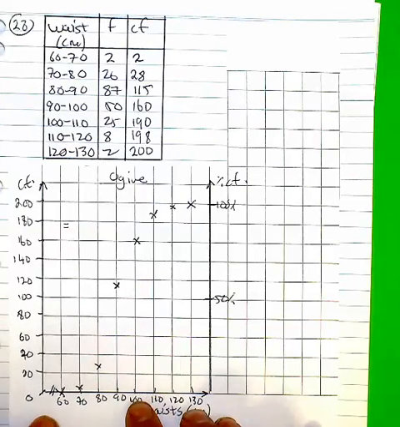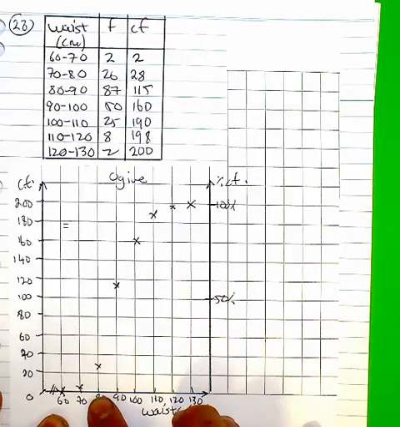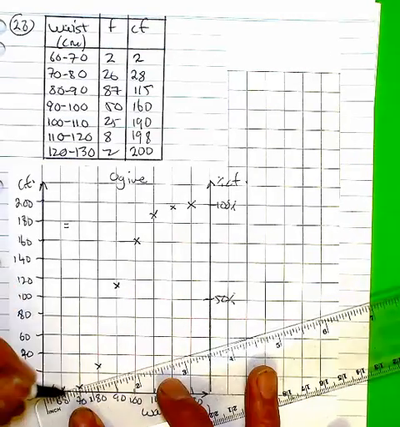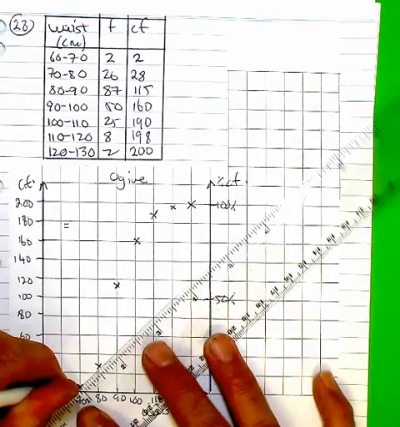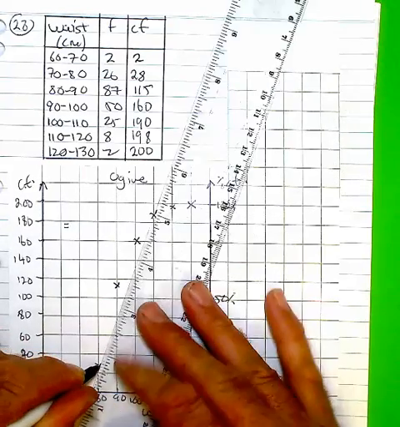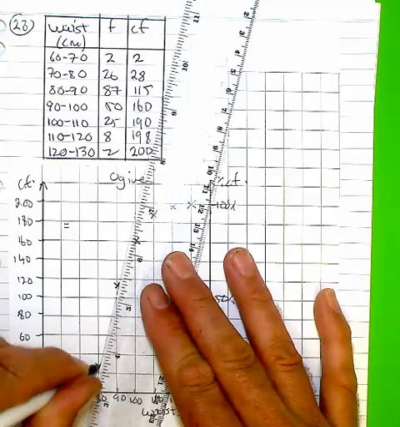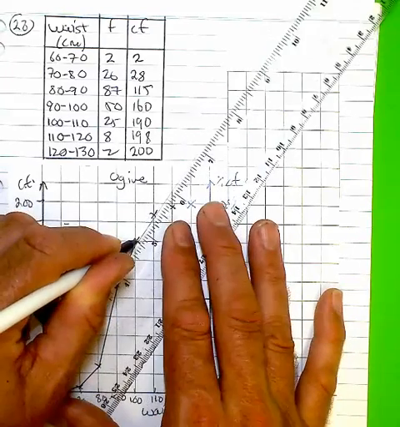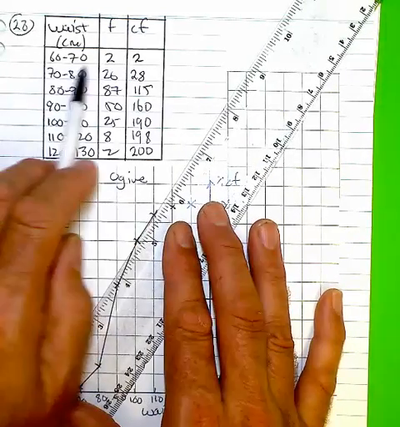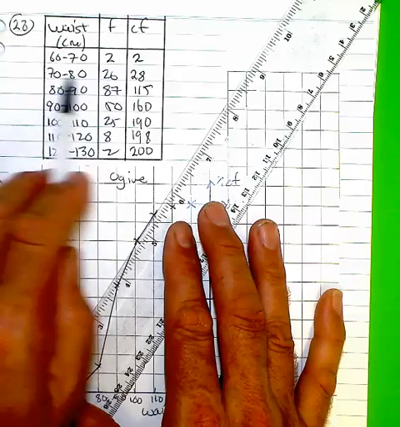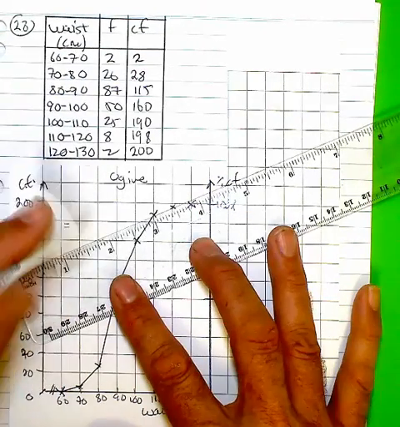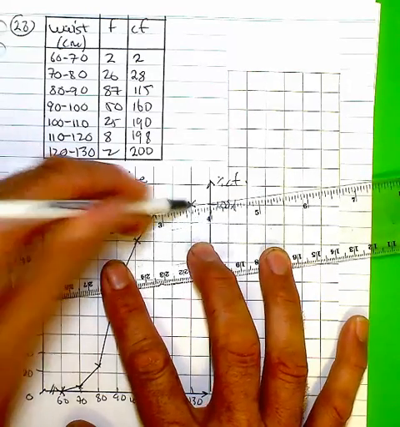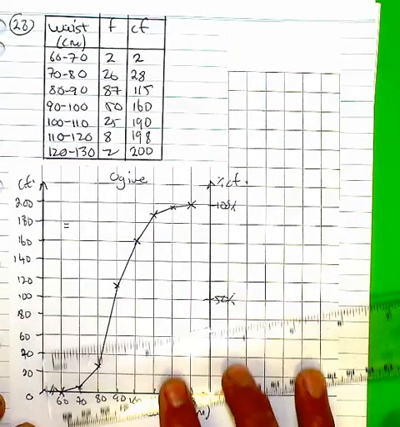Having marked that in, we'd normally do it in pencil, but I'm using a pen so it can be seen a little bit clearer, and then join them up, producing the ogive. Please notice this is an estimation. An ogive shows summary statistics in a nice visual manner, but you don't have the distribution within these particular groups. So a lot of information about the data isn't there, but still a nice visual presentation.